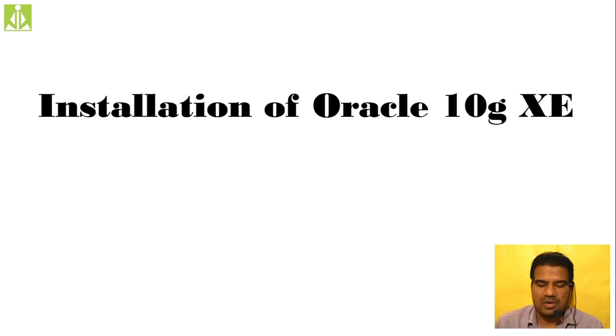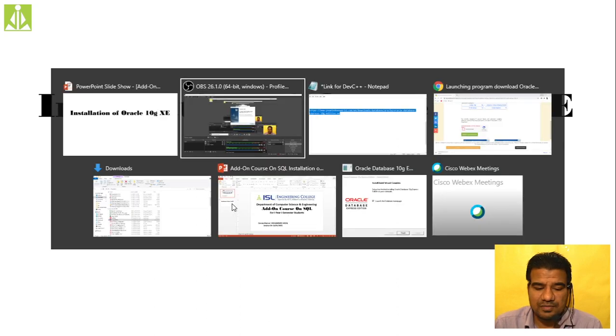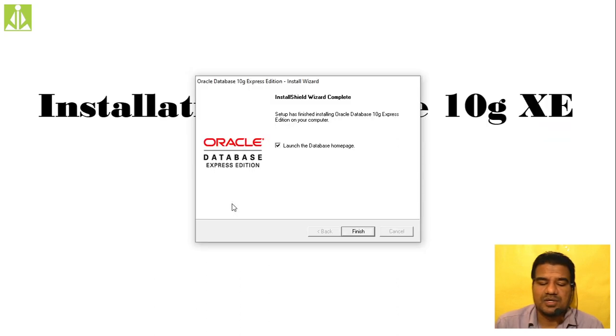I guess the installation has completed. I'm just waiting for the confirmation. So yeah, it has given over here. This window is confirming that your setup has been successfully completed. See here, setup has finished installing Oracle Database 10G Express Edition on your computer.